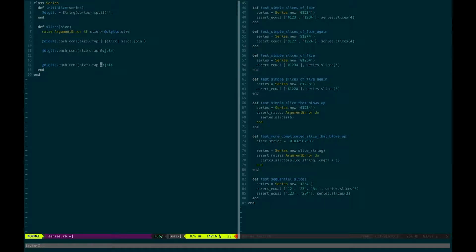What we actually have going on are two separate things: a unary ampersand and a symbol. One of the things a unary ampersand does is convert between blocks, procs, and lambdas, or really just between a block and a proc, back and forth.